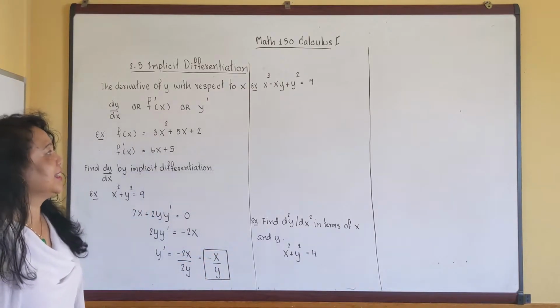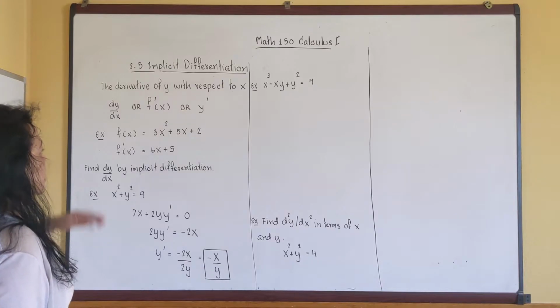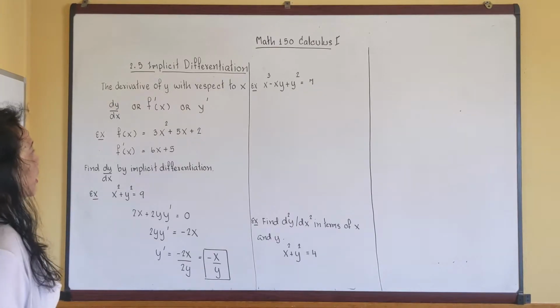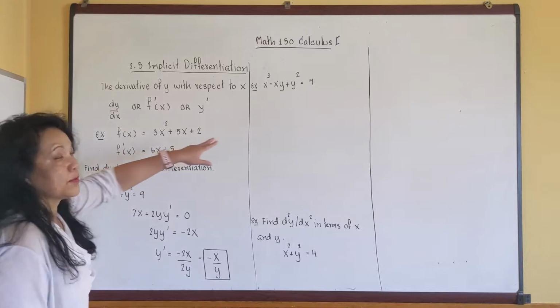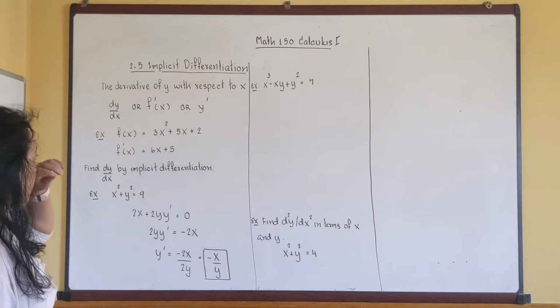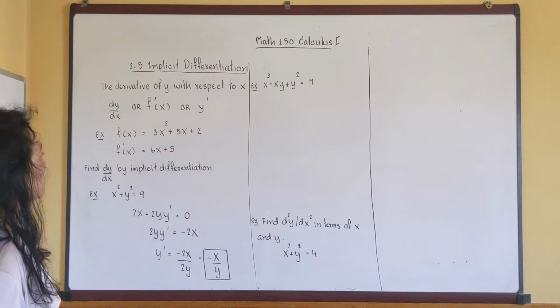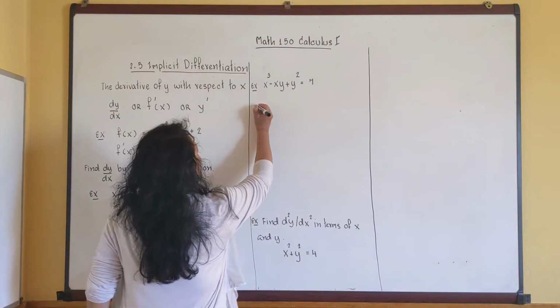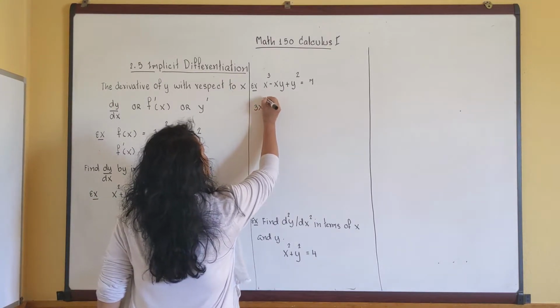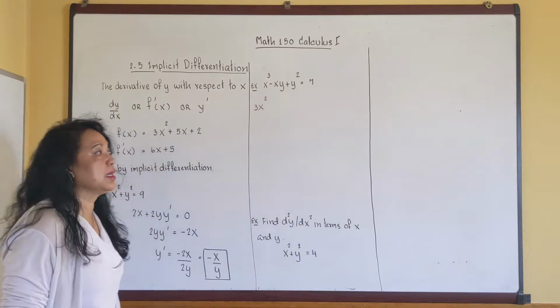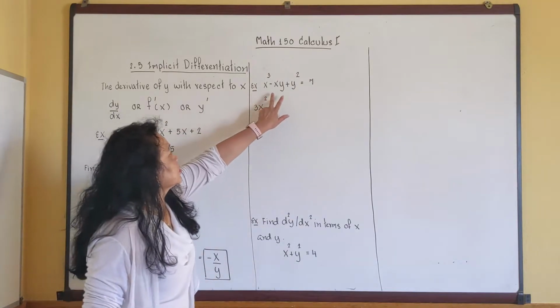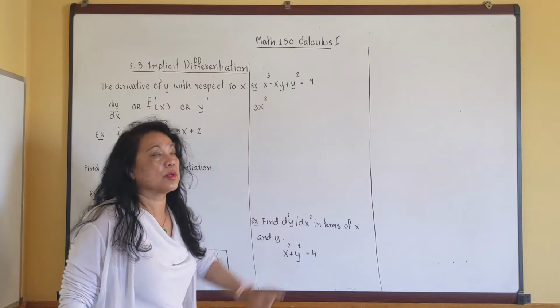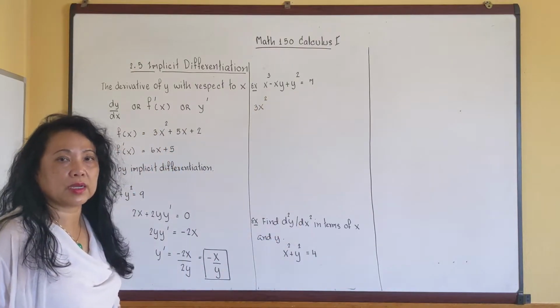All right, now let's look at the next example. I have 3 terms. For the first term, I'm taking the derivative like I would normally do. It would be 3x squared. The second term has 2 variables, so I have to apply the product rule.